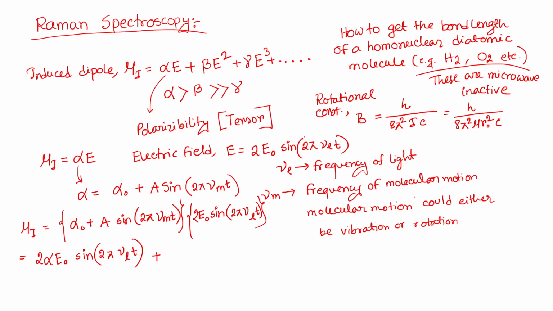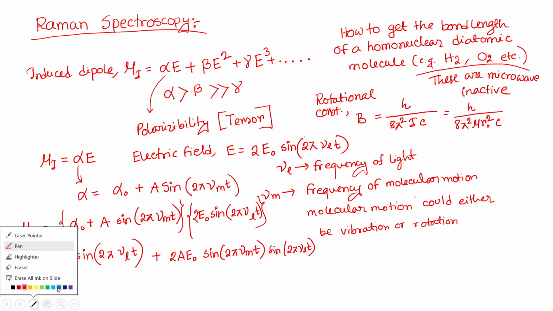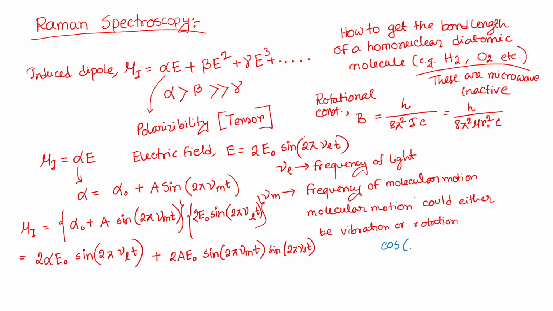And what are the other terms? There is another term, which is 2A E0 sin(2π ν_M t) sin(2π ν_L t). So we already know this trigonometric identity: cos(a minus b) minus cos(a plus b).